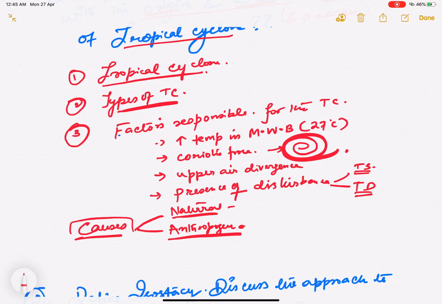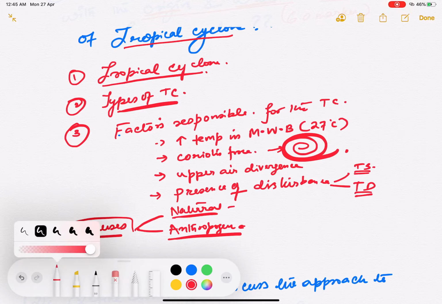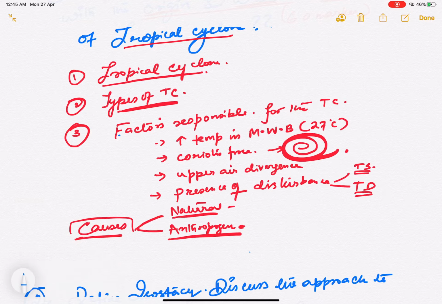Now, what is the anthropogenic cause? Anthropogenic cause, as you all know, is CO2 emission, the rise in CO2 emission resulting in the increasing temperature of the water. Global warming is nothing but the CO2 rise.